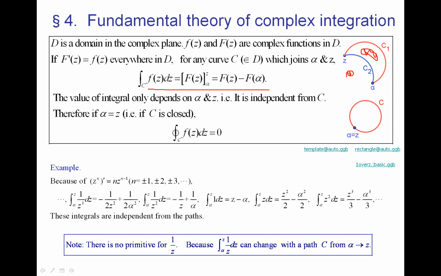As long as you can go through the green plane, it's okay. Even if there are holes and mountains, as long as you can walk on the green path, that's fine. The integral is big F(z) minus big F(alpha). Okay?